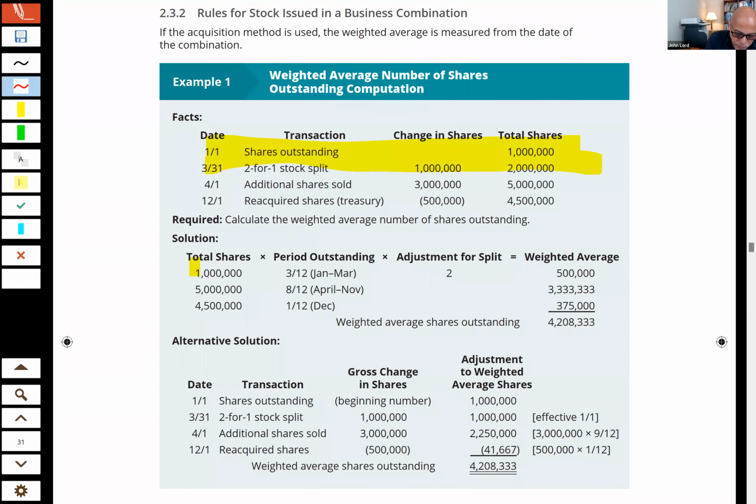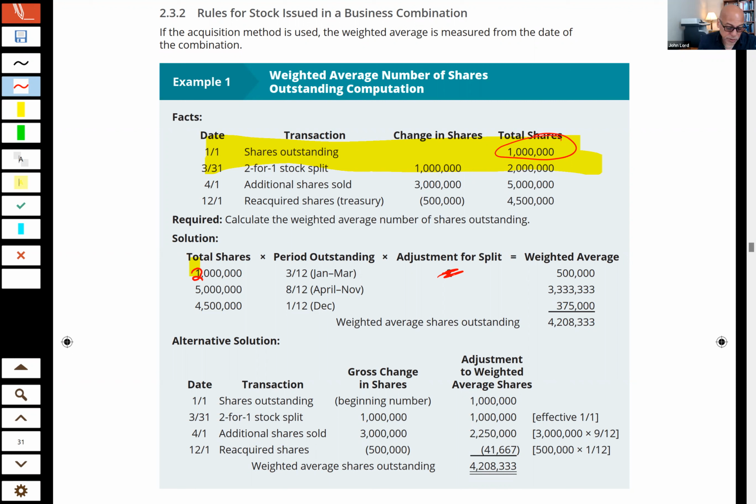Now, the way I would do this is I would say that means I actually started the year with what? 2 million shares. Since there was 1 million at the beginning and they did a 2-for-1 stock split, that means there were 2 million shares, and then I wouldn't do this multiplication over here. I just like to look at it that way. If you like to look at it the way they're doing it, fine. There's nothing wrong with that.